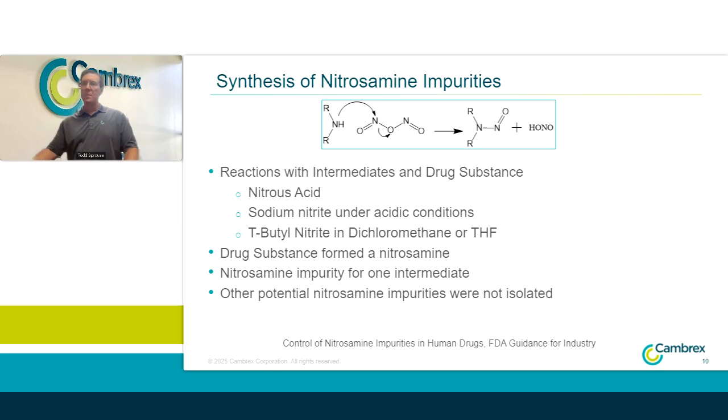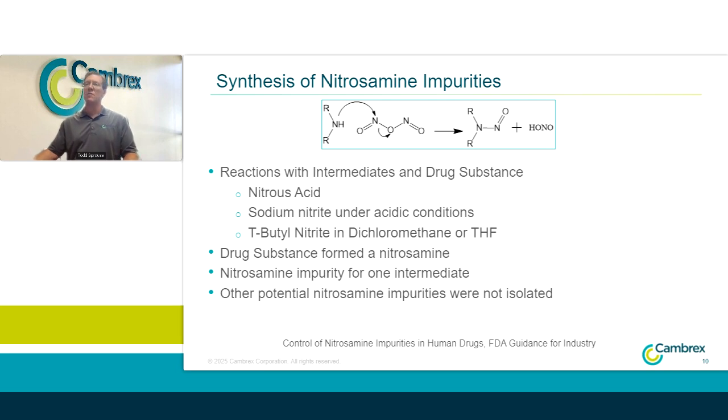The team went through and was unable to form a variety of these intermediates. And so only the drug substance nitrosamine was taken forward and 1 impurity. All of the additional impurities were unable to be isolated. And through that, they showed that these were not stable and concluded that they could not form.